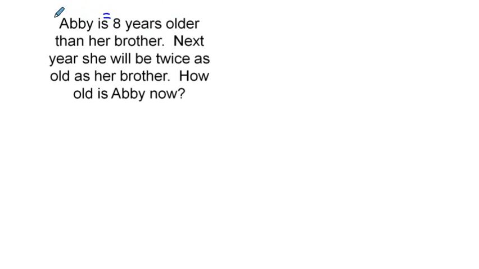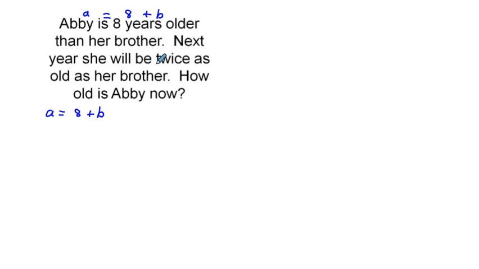Now I like to use, if it's convenient, the first letter of the thing being offered. So Abby we'll just call A. So A for Abby equals 8 years older. Well, 8 years older would be 8 plus than her brother. So her brother we'll call B. So we have our first equation here: A is equal to 8 plus B.